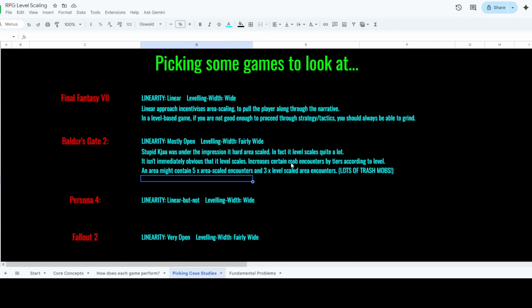I think in one of the levels, if you go there at level 7, there'll be like 5 orcs, and if you go at level 14 or whatever, then suddenly there's like 15 orcs and 2 orc shaman and a load of other things as well.